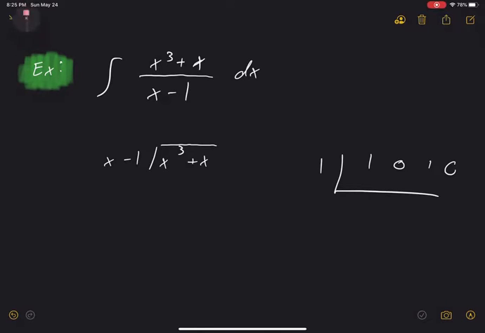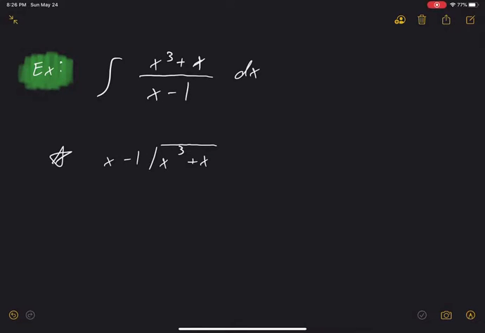I would not do that in this section because it's not always going to work. Synthetic division only works when the thing we're dividing by is a monomial, something simple like x minus 1 or x plus 2. It's not going to work for other divisors. Polynomial long division should always work, so this is the safer bet.